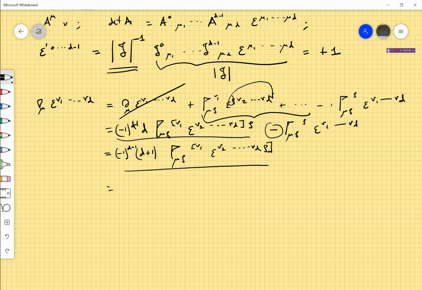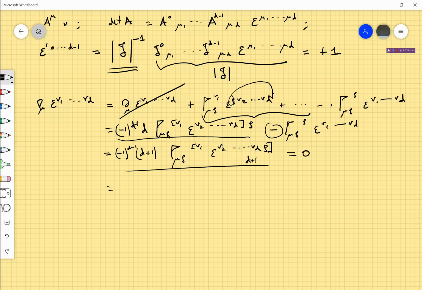The important part is that here we are antisymmetrizing d plus 1 terms in d dimensions, and this is automatically 0. There is not a much better way of seeing that this is 0.